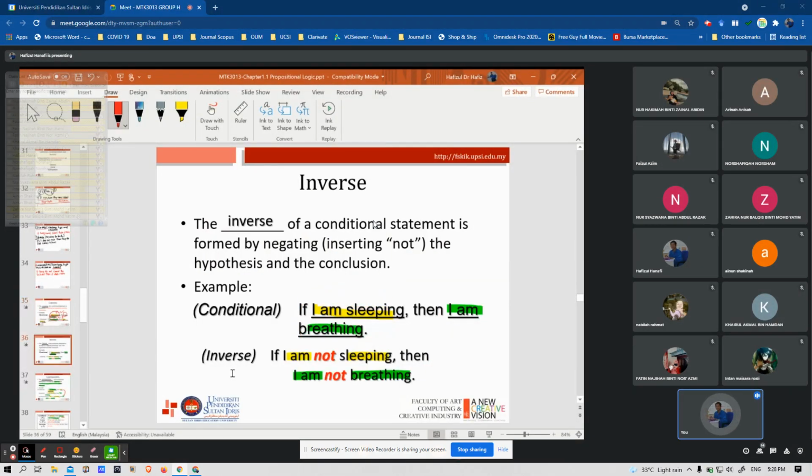For the inverse: if I am not sleeping, then I am not breathing. Not is also the negation.